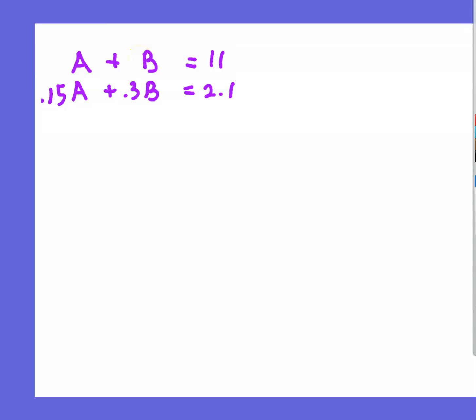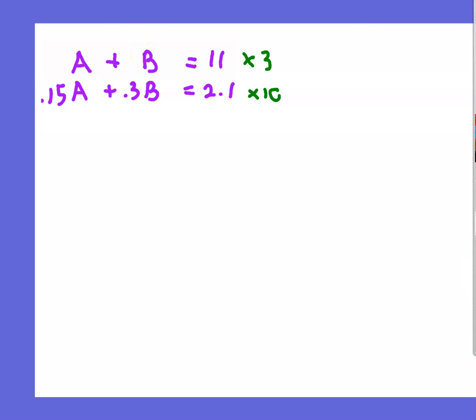So to do that, I think what I'm going to do is, let me change colors here, if I multiply this equation by 10, that's going to be a 3b. Okay? And if I multiply this one by 3, that one will be a 3b. So let's see what we get when we do that.